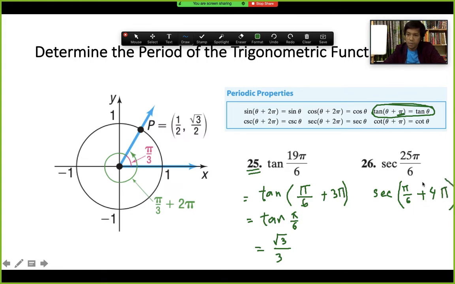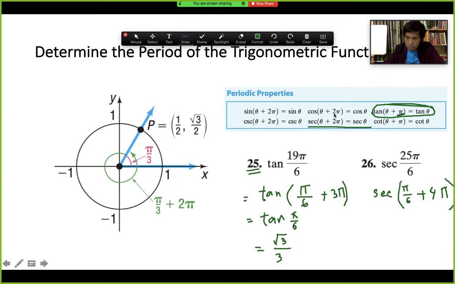So for the sec theta function, 2 pi, then 2 into 1, 2 into 2, 2 into 3, any multiple of this will work the same way.